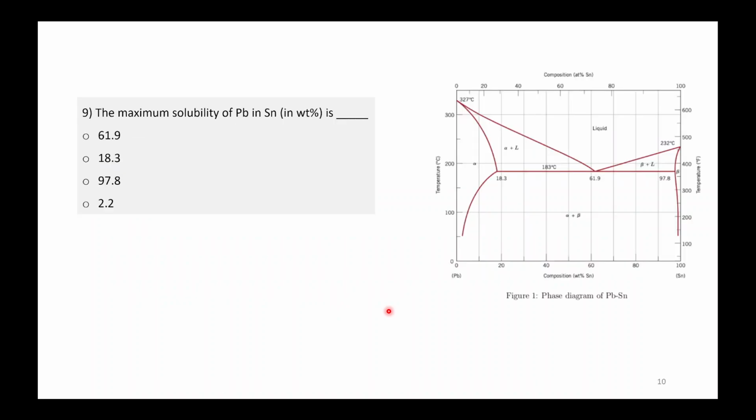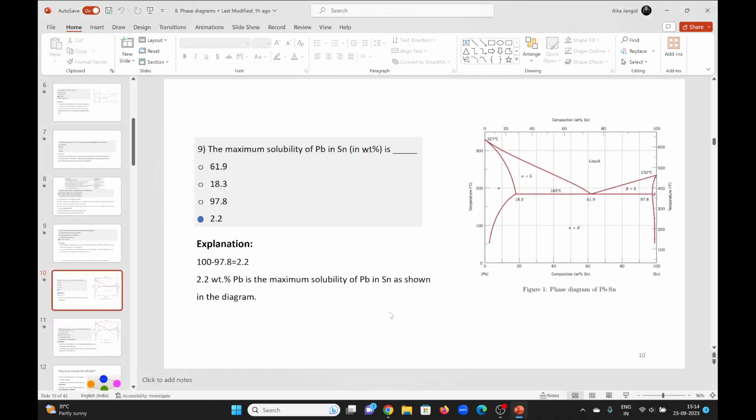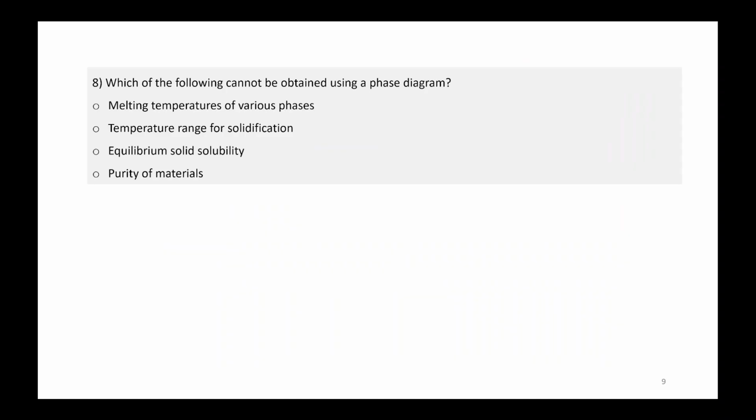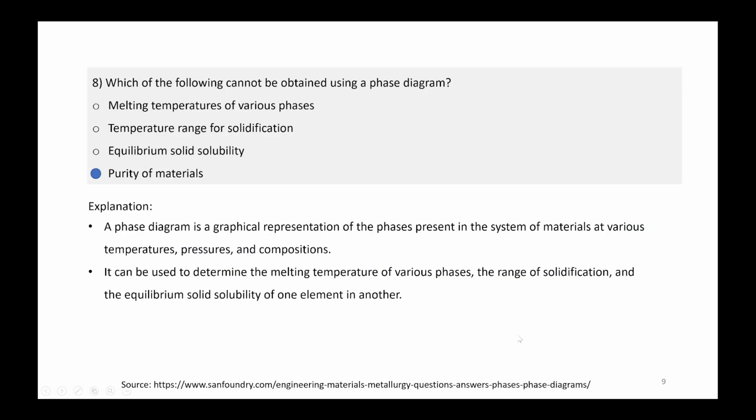Ma'am, for example, it was talking about the purity of the metals. Yeah, that phase diagram cannot predict it. Like you mean to say the trace elements which are there cannot be predicted by the phase diagram?